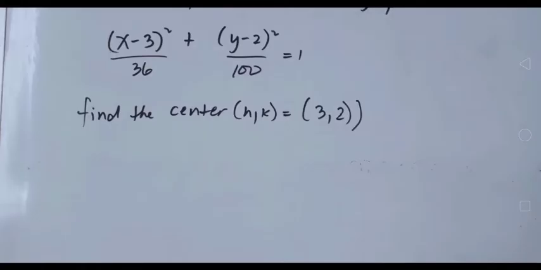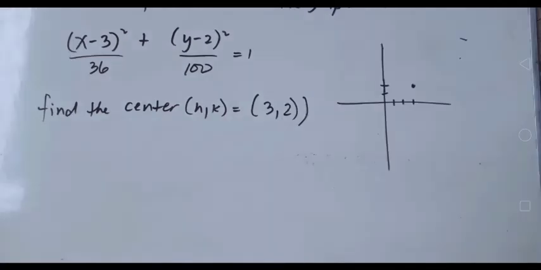Let us find first the center. Just like in a circle, to find the center we take the opposite of the signs of negative 3 and negative 2. That is our (h, k). So our (h, k) is 3, 2, or the point (3, 2).